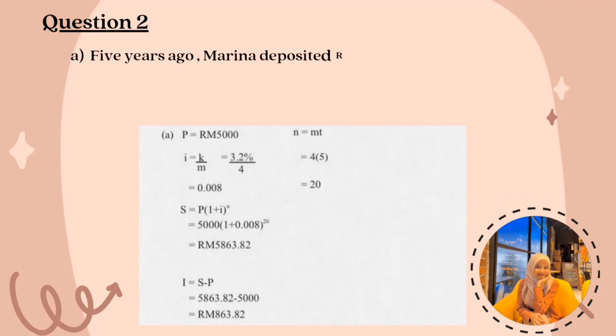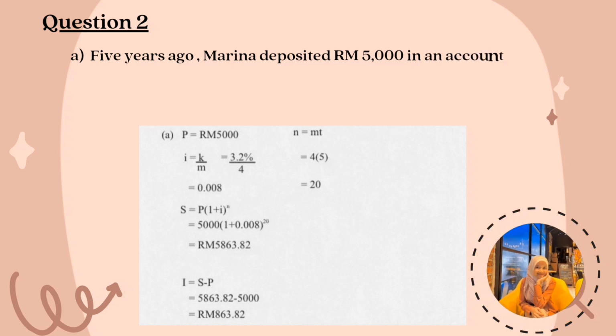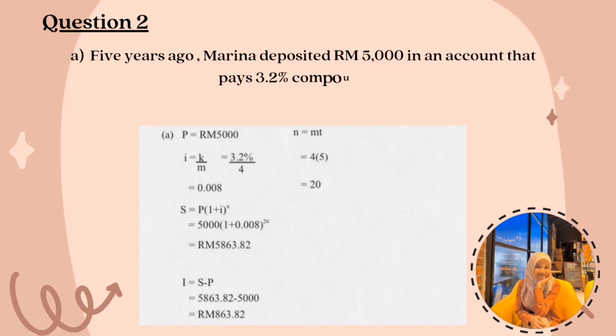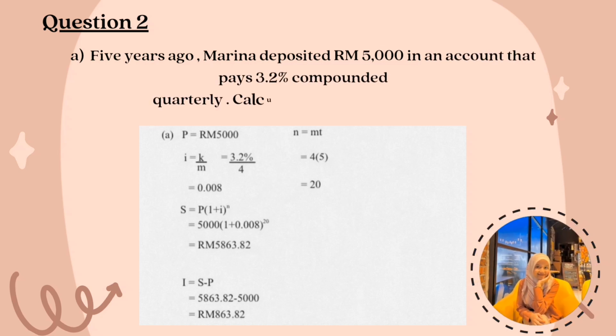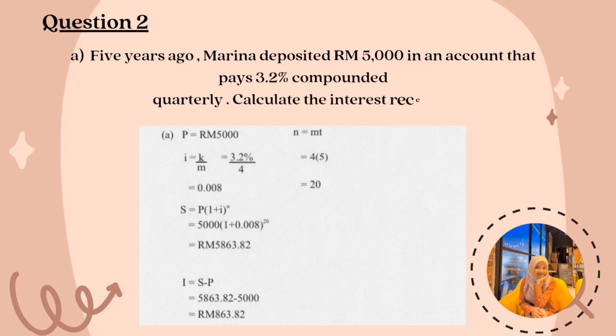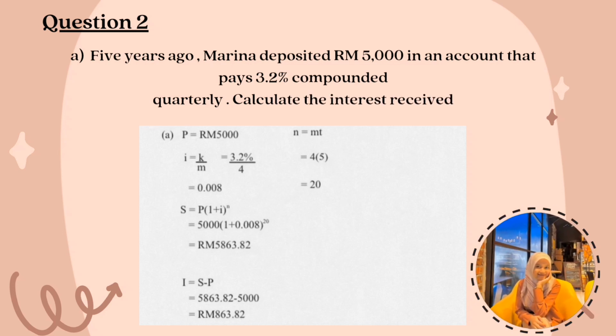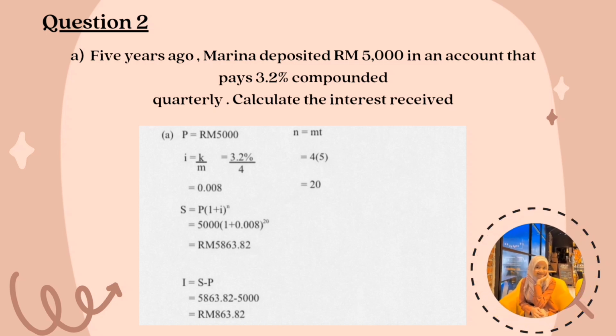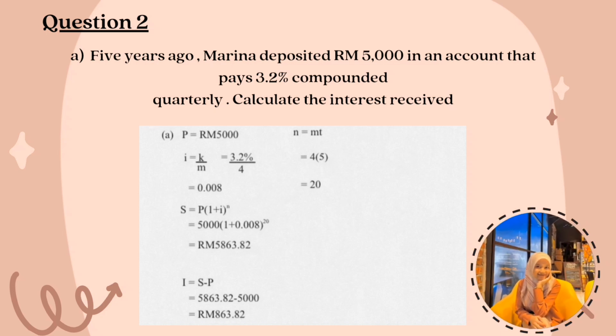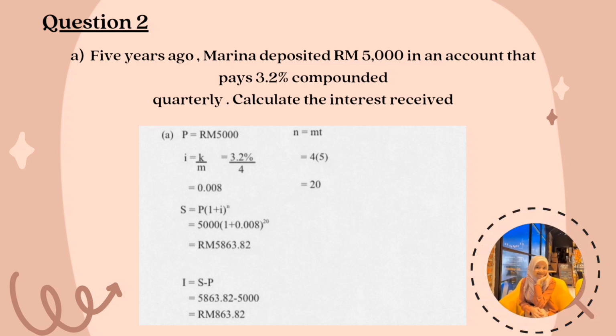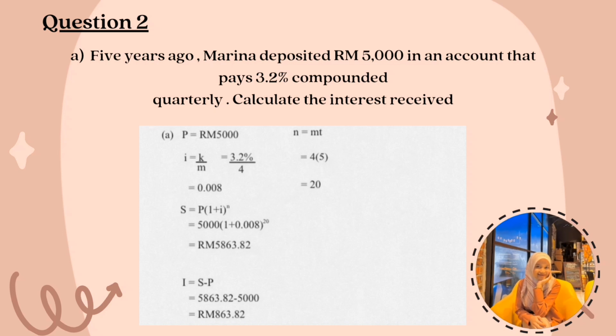Question 2A. 5 years ago, Marina deposited RM5,000 in an account that pays 3.2% compounded quarterly. Calculate the interest received. So the answer, P is RM5,000, i is k over m equals 3.2% over 4 equals 0.008. n is mt equals 4 times 5, n is 20.